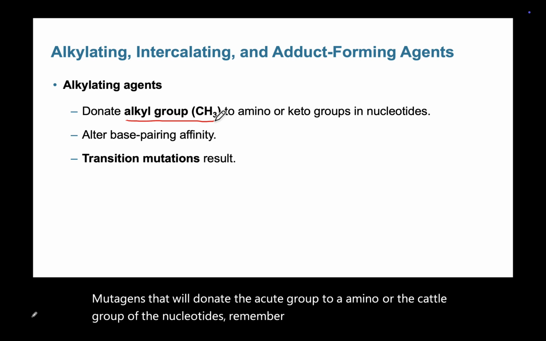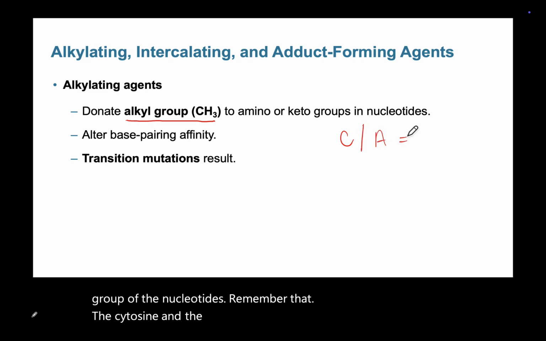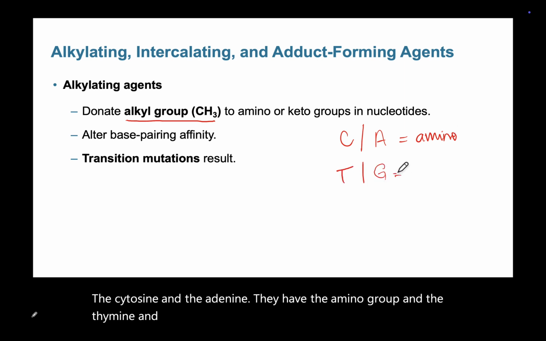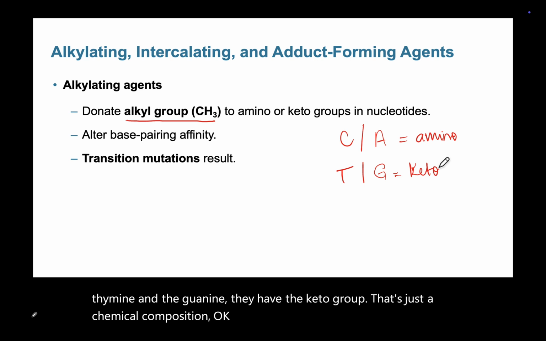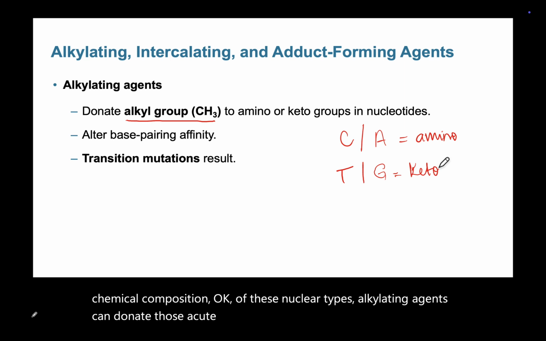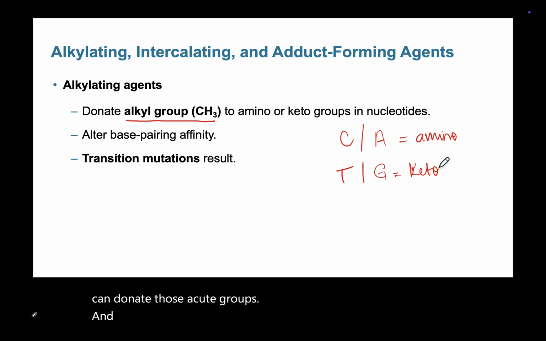Remember that cytosine and adenine have the amino group, and thymine and guanine have the keto group. That's just the chemical composition of these nucleotides. Alkylating agents can donate those alkyl groups, and that changes the base pair affinity.